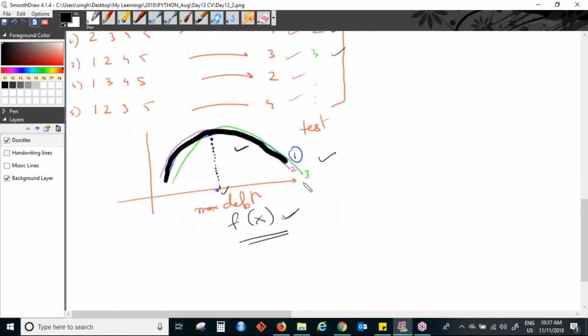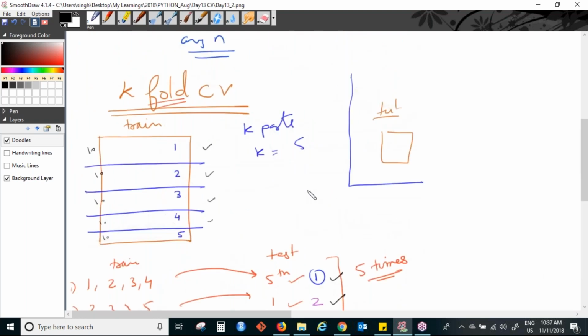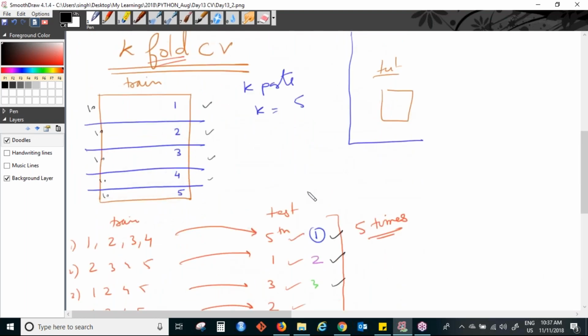So now the advantage of this k-fold cross validation is you're using all the data to build your model, you're using all the data to test your model. And the disadvantage which we saw earlier in leave one out cross validation, that the model was running a lot number of times, is gone here because the model runs only k times. Okay, do you follow now?